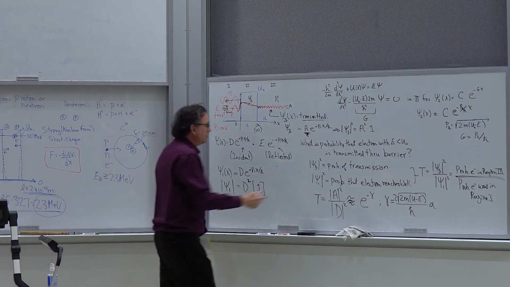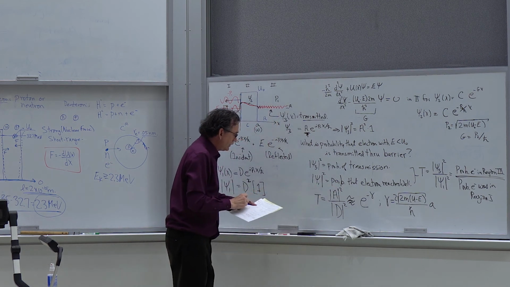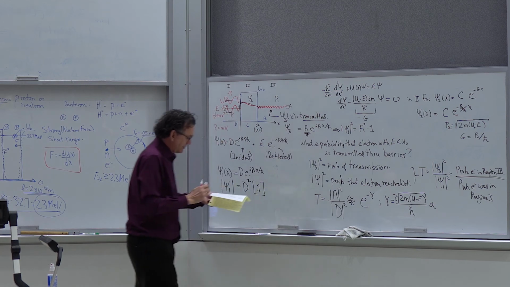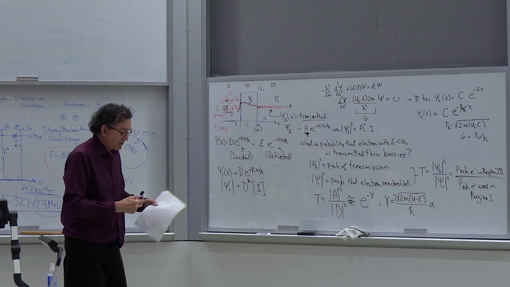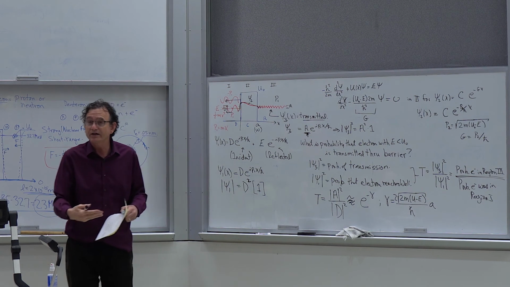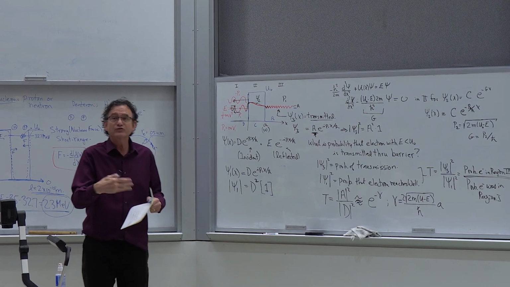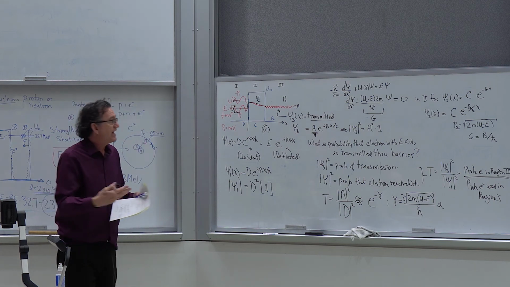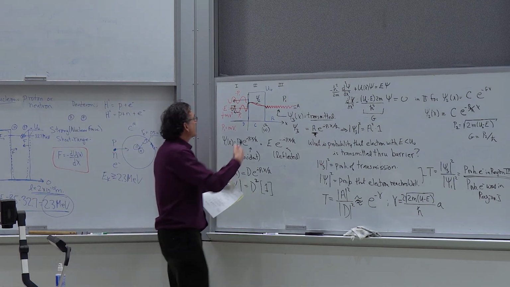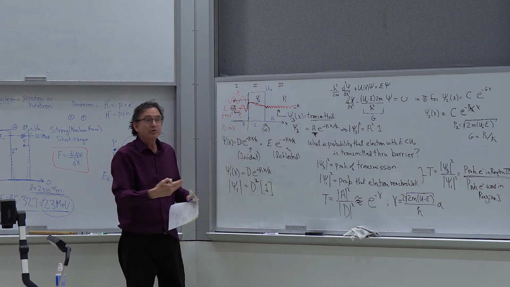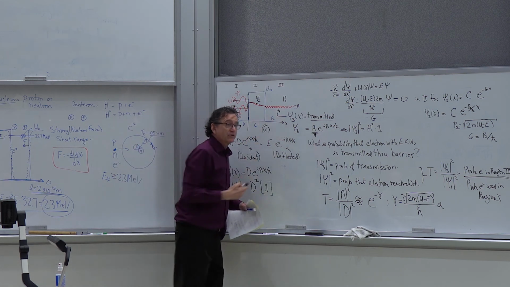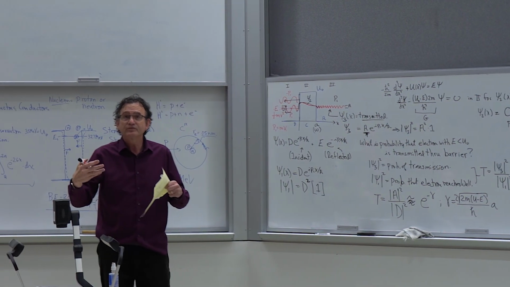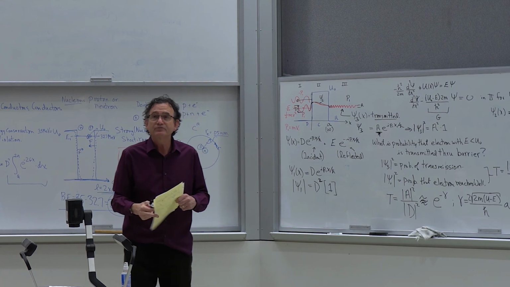Then I can take the ratio of A divided by D, and that will give me the probability that the particle can make it through the classically forbidden barrier and actually be observed on the other side. This is based on observations. These are experiments that have been done to verify that this effect, which we call tunneling, is real. Particles really do show up on the other side of classically forbidden barriers where, because of conservation of energy, they would not be allowed to occur.